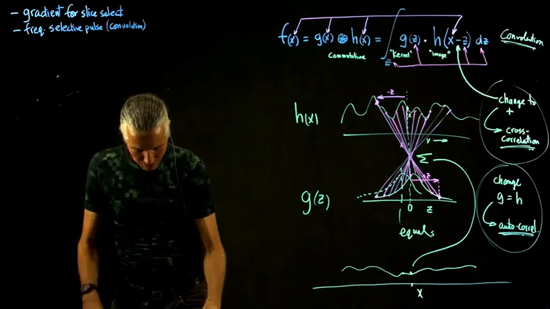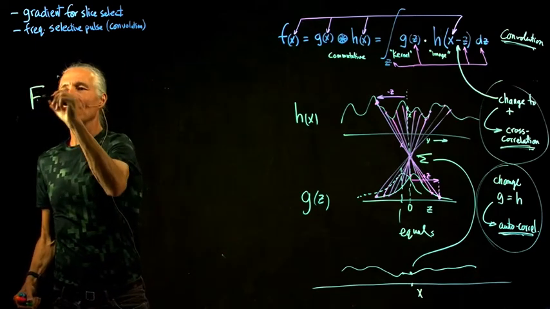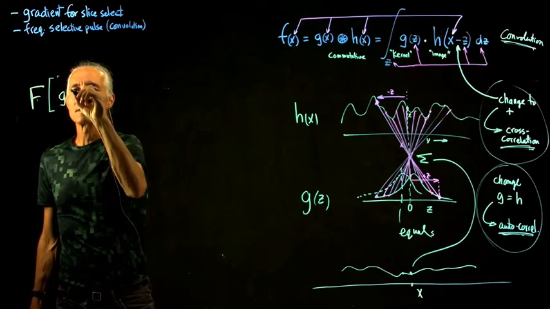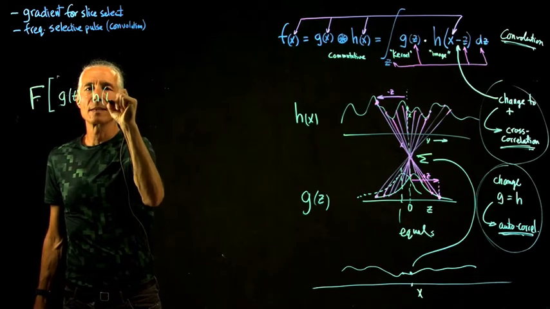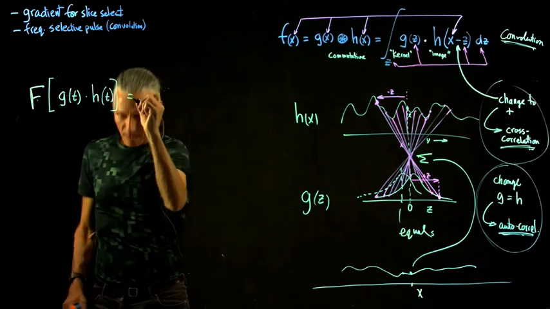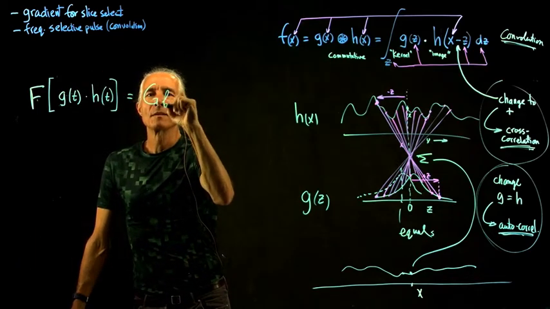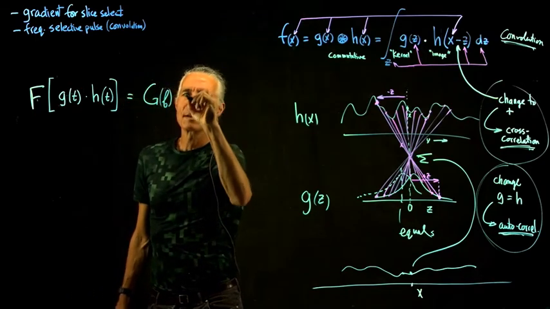I've straightened up my notes a little bit so that they're hopefully a little easier to understand. So if we do the Fourier transform of two functions times each other, these we're doing in time, that's going to equal the Fourier transform of each one convolved with each other.